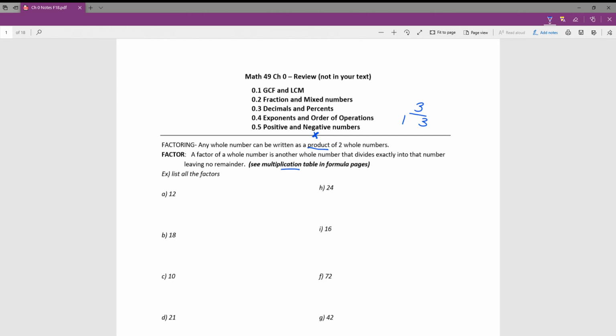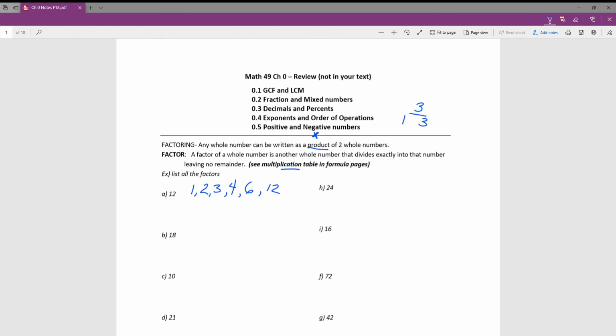So 1 would divide into 12, and 12 would be that other part there, right? Those are the two factors that multiply to give you 12. 2 would also divide into 12, and 6 would be its partner, right? Because those two would multiply up to 12. 3 and 4. And in this way, you've made this list of all the factors of 12.